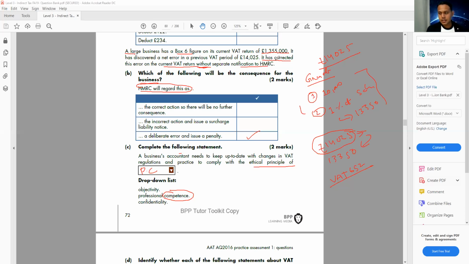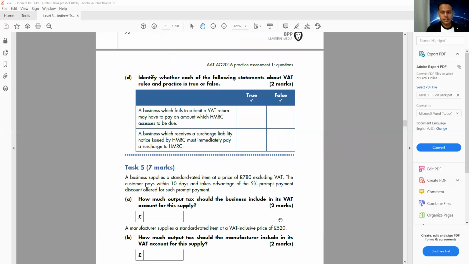All right, so let's move on. Number D. Identify whether each of the following statements about VAT rules and practice is true or false.